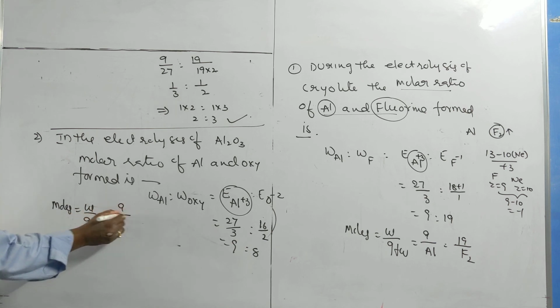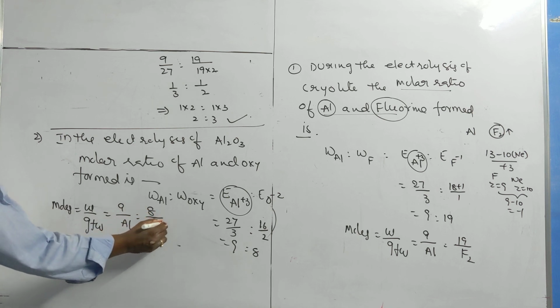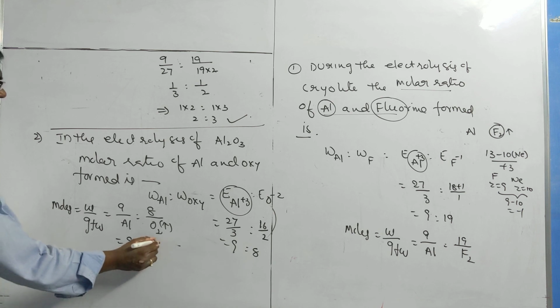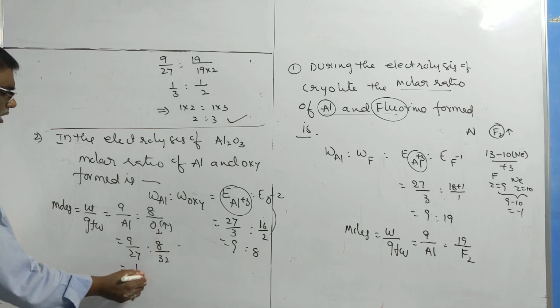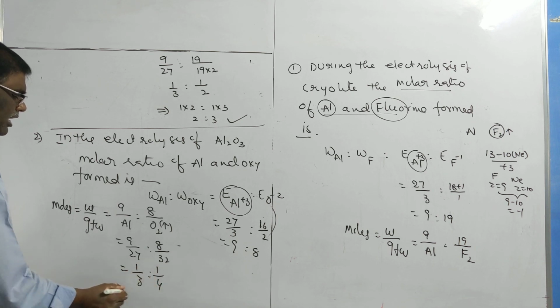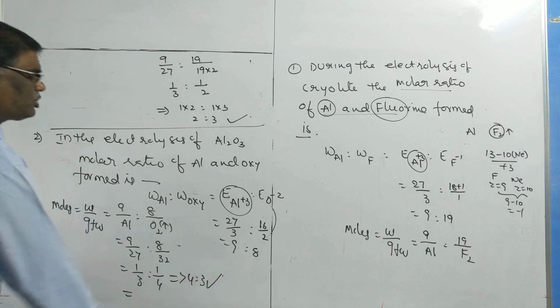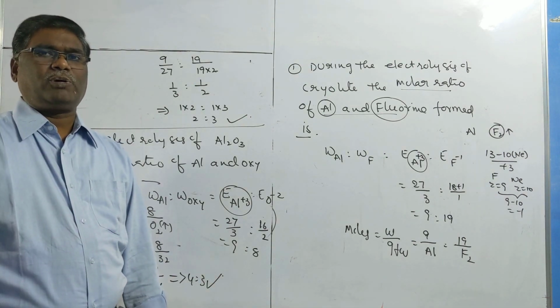Nothing but 9 by aluminum and here 8 by oxygen, which is O2, a diatomic gas. So 9 by 27 is to 8 by oxygen formula weight 32. 1 by 3 is to 1 by 4. On cross multiplication we get 4 is to 3. This is the ratio of aluminum and oxygen. Thus we calculate the problems. Thank you.